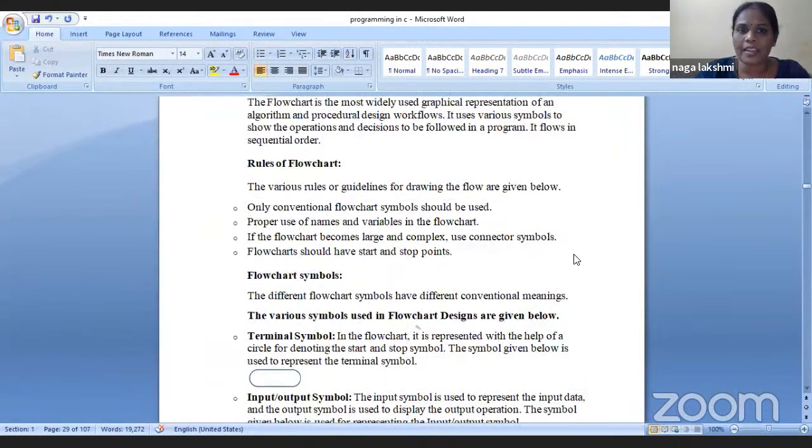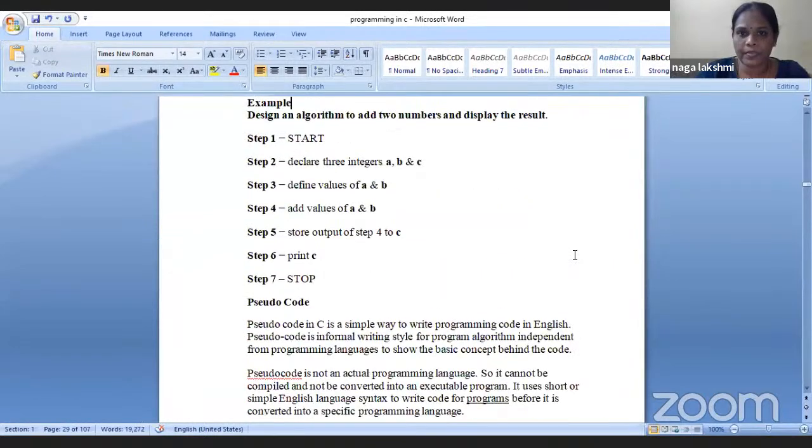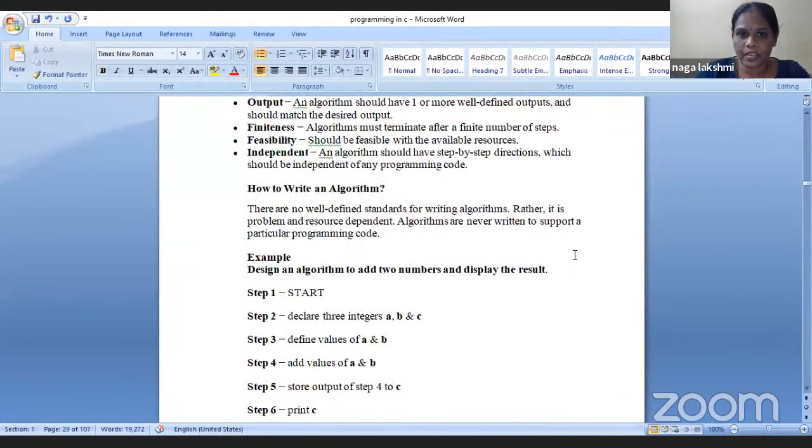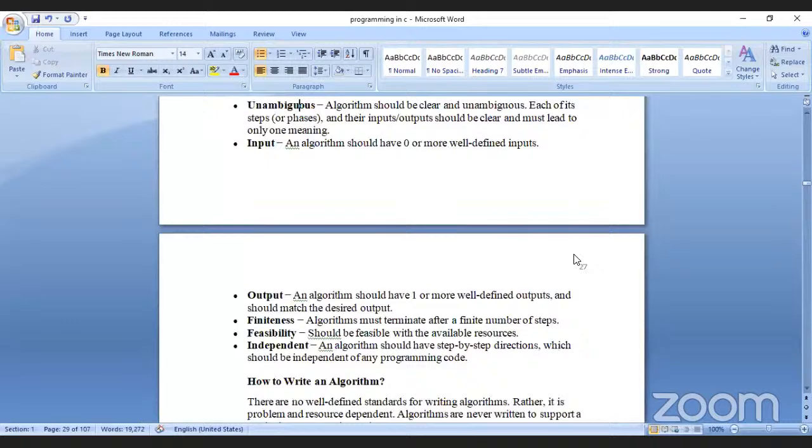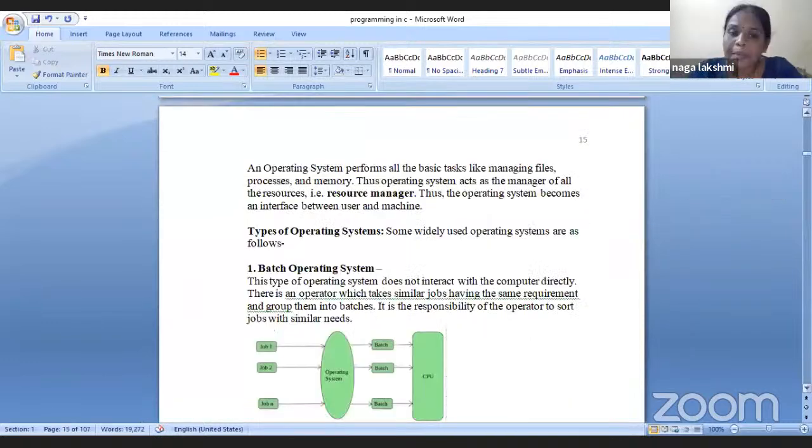So what is an algorithm? It is a step-by-step process. Before writing any program, first we write an algorithm. Algorithm is like a blueprint of a program. We do not write any program directly on the system; first we write the blueprint, meaning the algorithm. For one program we will do only one algorithm.